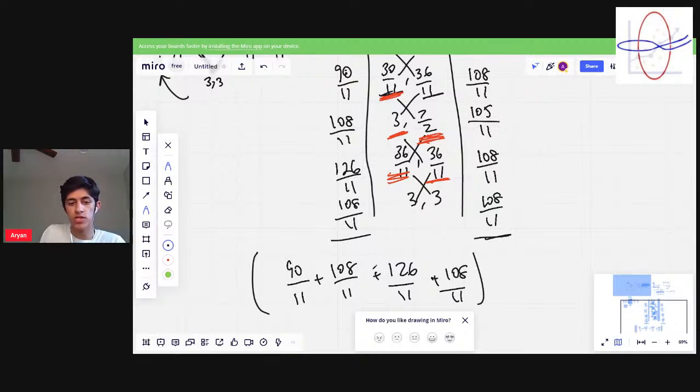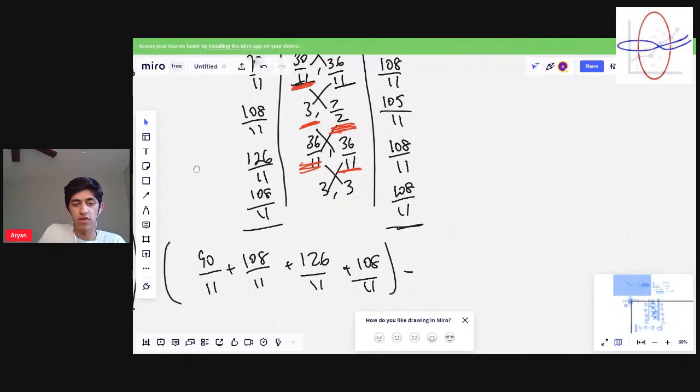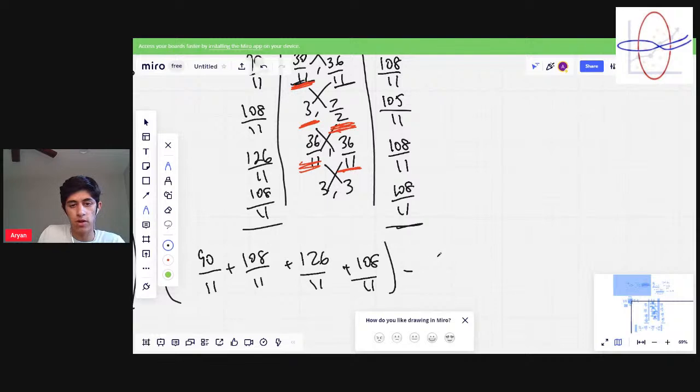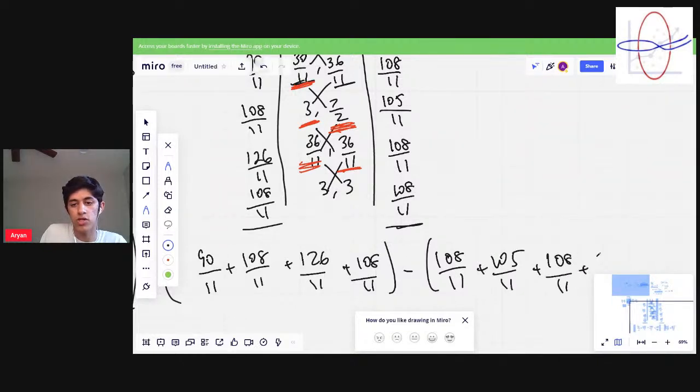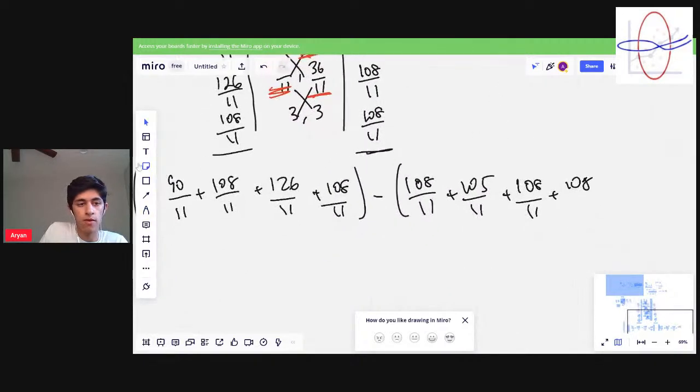Then basically what you want to do is take the absolute value of the difference of the sums of the left and the right sides. So here on the right side, we had 108 over 11 plus 105 over 11 plus 108 over 11 plus 108 over 11. So you want to take the absolute value of this and then just multiply it all by 1/2.